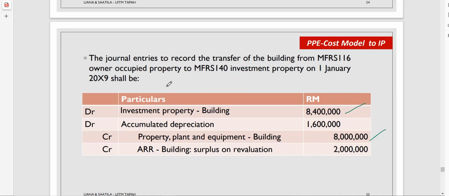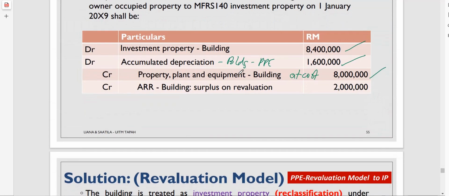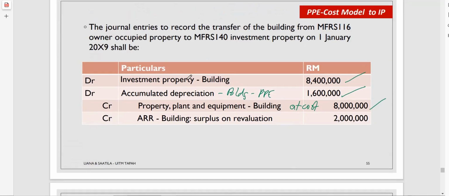The PPE to be de-recognized would be at cost, and you also need to remove the depreciation of the building that was a PPE. That 1.6 million must be eliminated. At the same time, the difference between carrying amount and the fair value on the date of transfer, this 2 million, will be treated as surplus on revaluation.